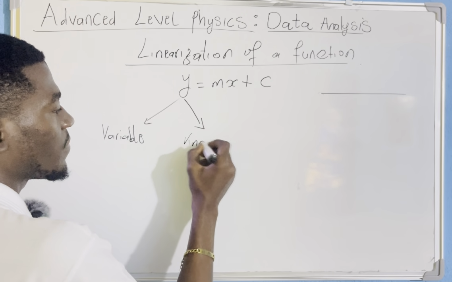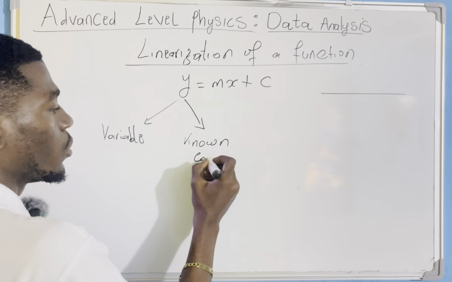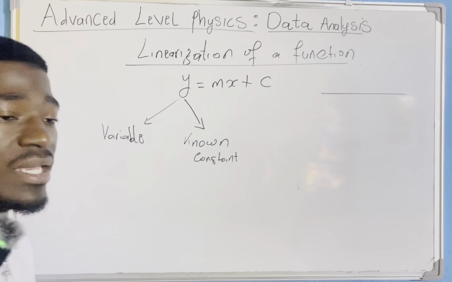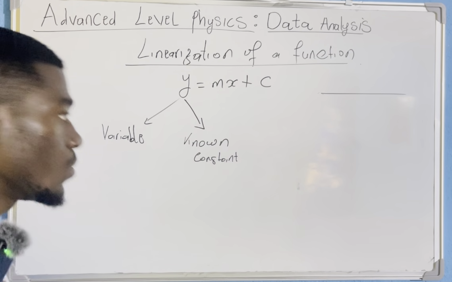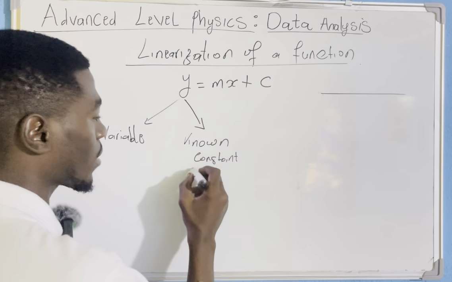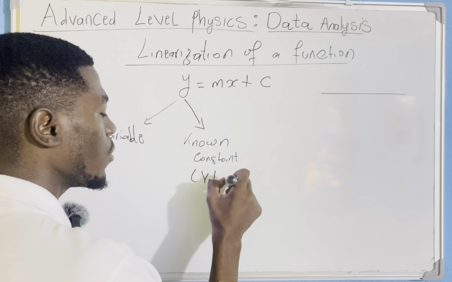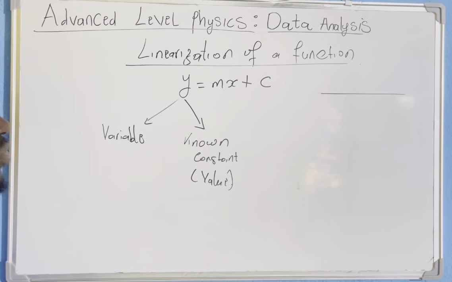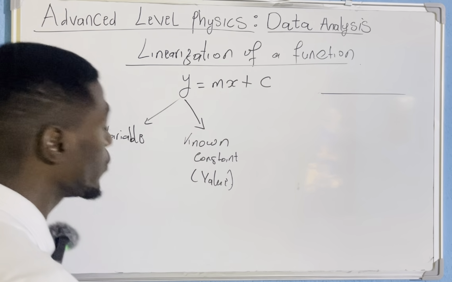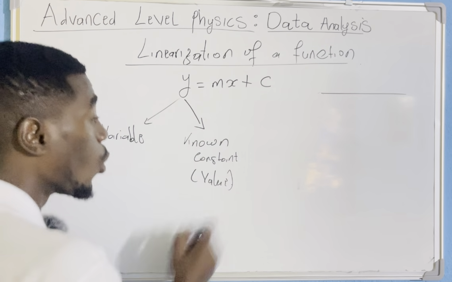Why am I talking about a known constant? Because in some questions, as you will see when you do them, there are known constants which are given. A known constant means a constant that you have the value of. So your y term should be made up of a variable or a variable plus a known constant.